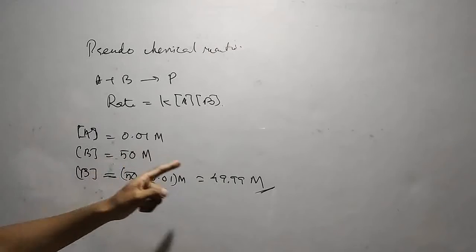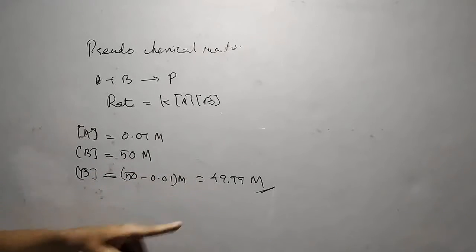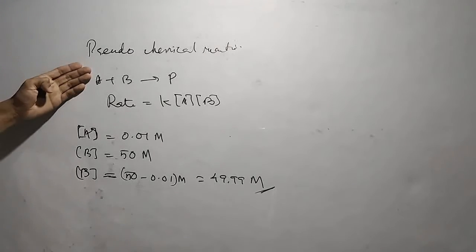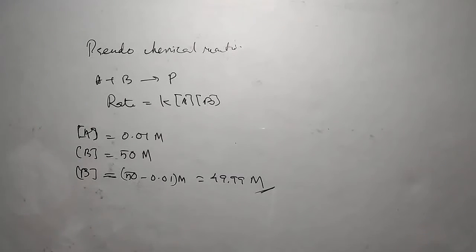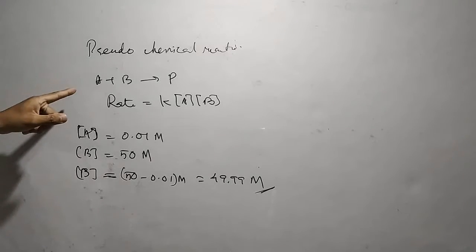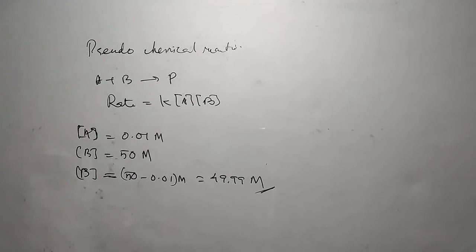They are very close to each other, so it did not change much. Therefore, this particular reaction behaves like a first order reaction, so we can call it a pseudo first order reaction. There are some examples, and I want you to find them out by yourself.